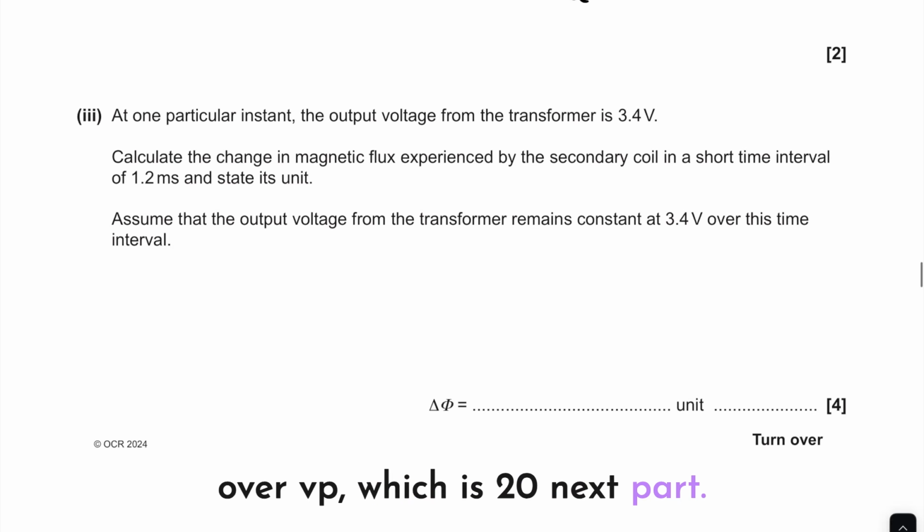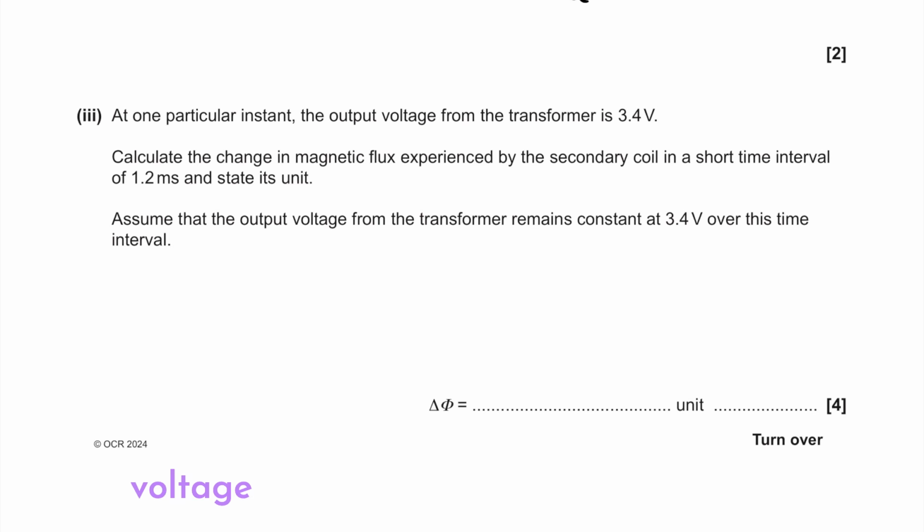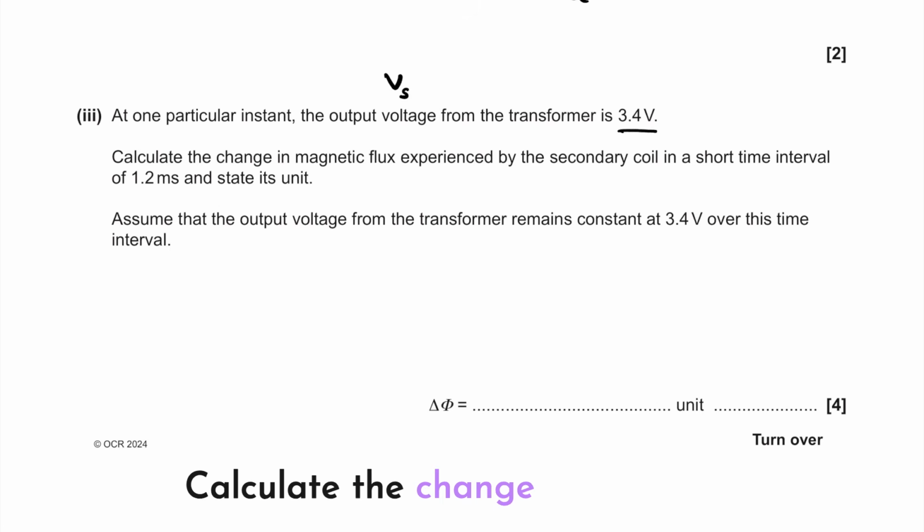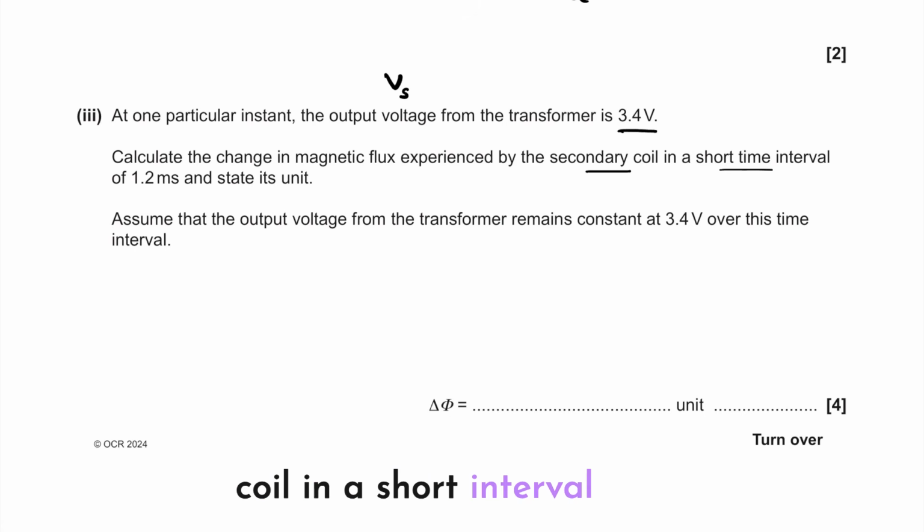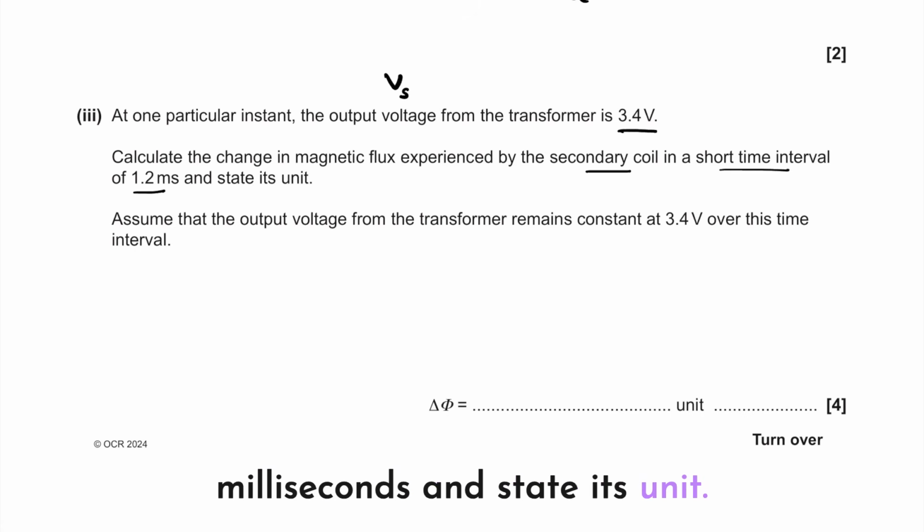Next part. At a particular instant, the output voltage from the transformer is 3.4 volts. Calculate the change in magnetic flux experienced by the secondary coil in a short interval of 1.2 milliseconds and state its unit.